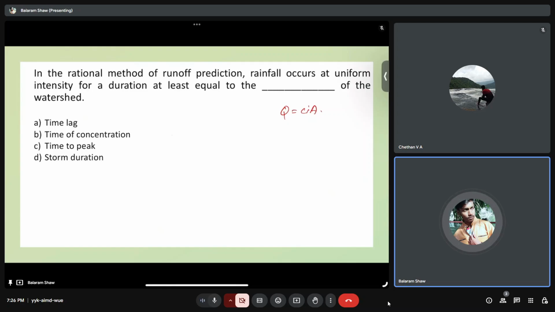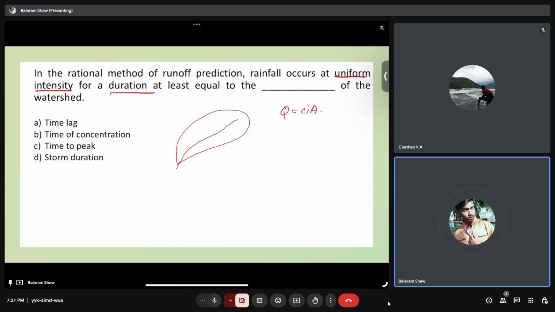So what was the assumption in the rational method? The rational method has the assumption of, here it is written, uniform intensity. So uniform distribution of the rainfall over the watershed for a duration equal to the time of concentration Tc, right? Let's say this is the basin.